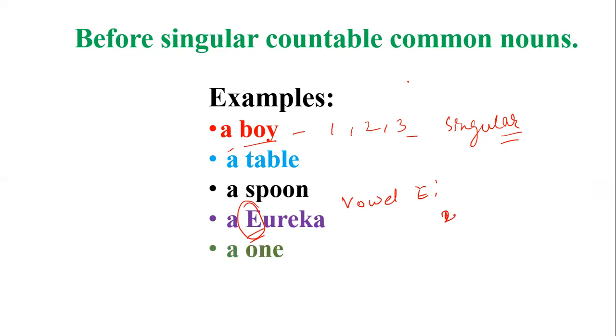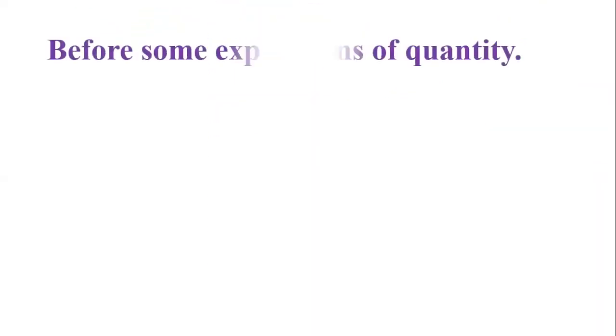Then there is a one. Then we have a unique. All these begin with vowel letters, but we can use article A before these common nouns.